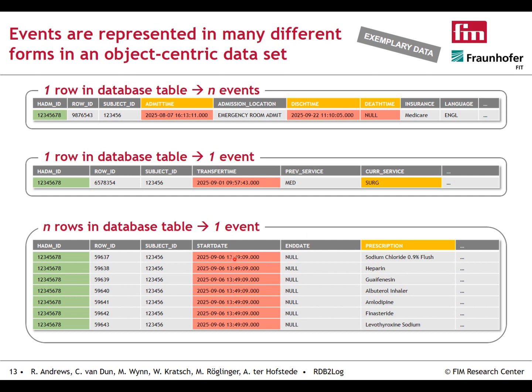We just want to know that on this given date he got a prescription for one or more drugs, and we again will use this column name, which is called prescription, as the activity name, and this timestamp, which is the same for all rows, as our timestamp of the given activity. Remember, like I said, this is only an exemplary list of possible event constructors, as we call them, and many more are possible.